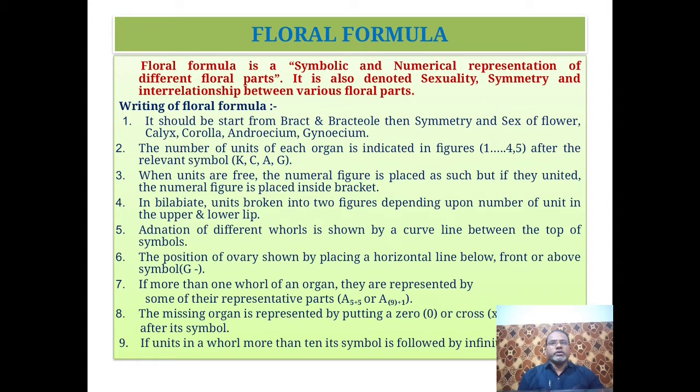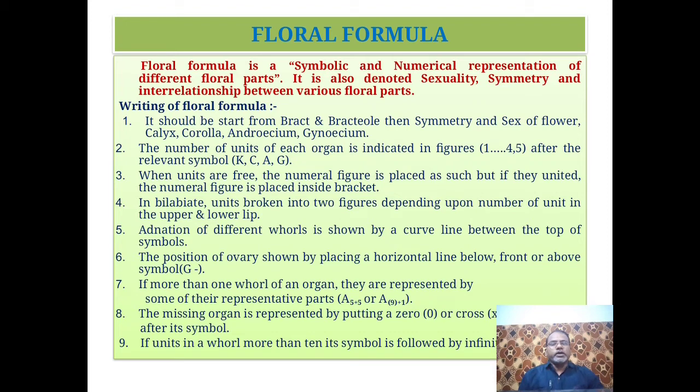The number of units of each organ is indicated in figures like 1, 2, 3, 4, 5 after the relevant symbol like K for calyx, C for corolla, A for androecium, and G for gynoecium. When units are free, the numerical figure is placed as such, but if they are united, the numerical figure is placed inside a bracket.